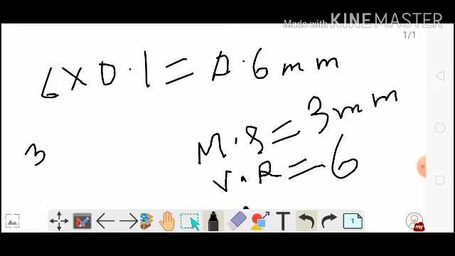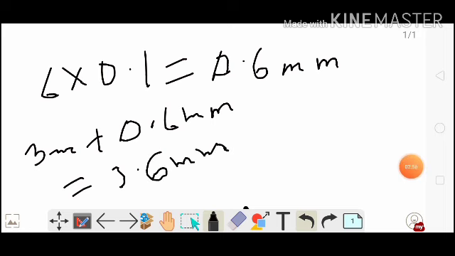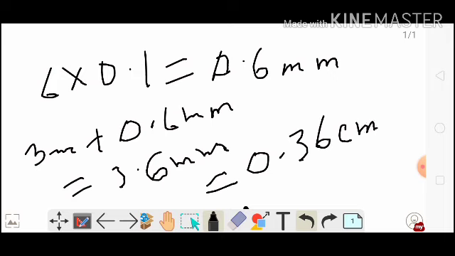So the total reading or the true reading of the object will be 3 mm plus 0.6 mm, which is equal to 3.6 mm. And if you calculate the reading in centimeter, you will get 0.36 centimeter, right? So this is how you calculate the length or the diameter of the object that will be given to you.